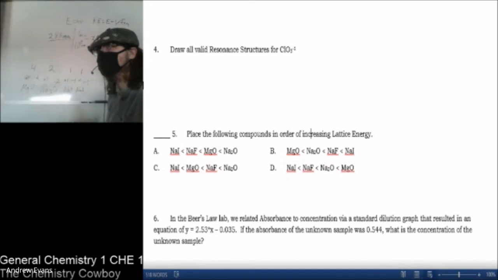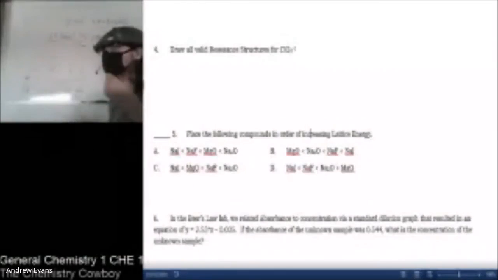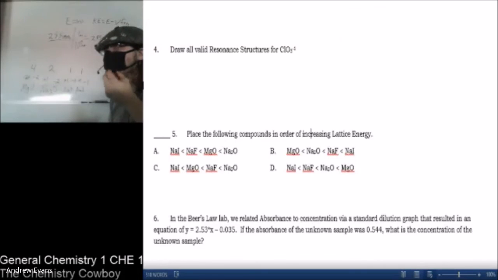Positive 2, negative 2. Positive 1, negative 2. Positive 1, negative 1. Positive 1, negative 1. So just looking at that, magnesium oxide is going to have the largest lattice energy. Sodium oxide is going to be the second. And it comes down to a fight between sodium fluoride and sodium iodide.